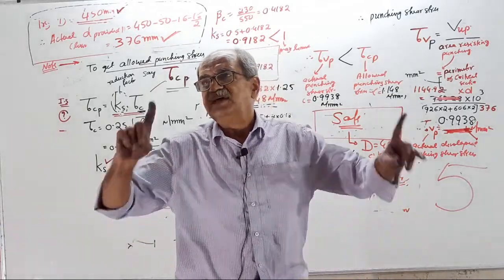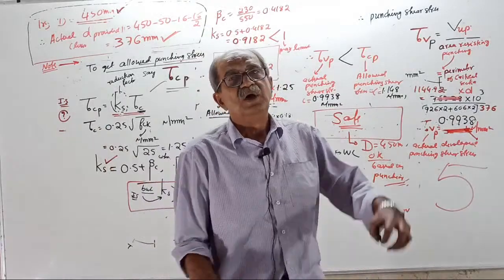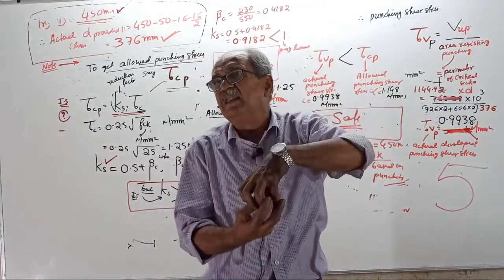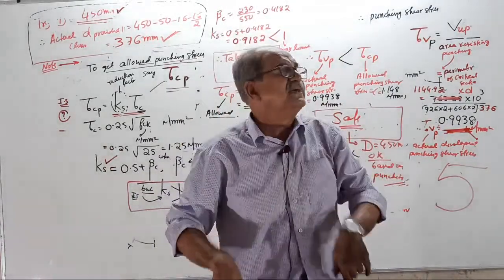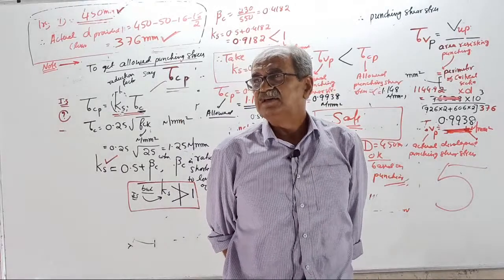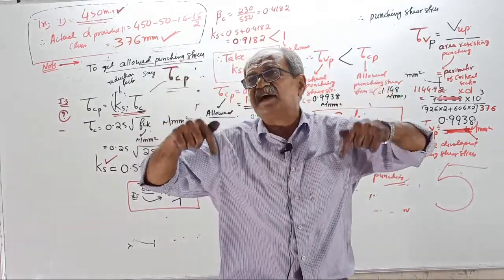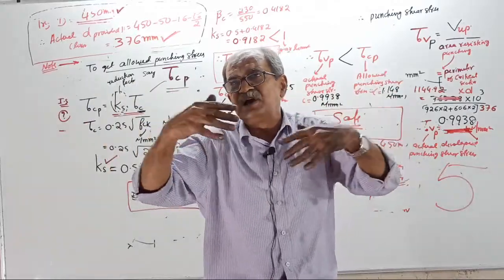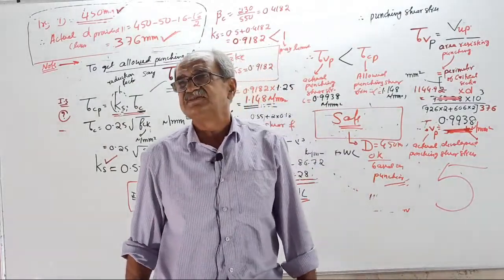Second point, if the depth is reduced, double trouble. When the depth is reduced, the area resisting punching will become lesser. One drawback. Second drawback, when the depth is reduced, the critical section will come closer to the column. When it comes closer to the column, punching force will increase. Therefore, dangerous.